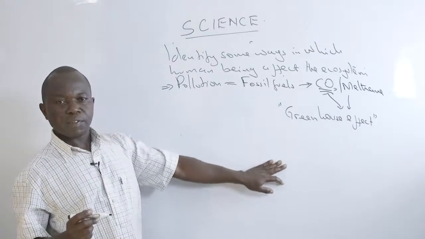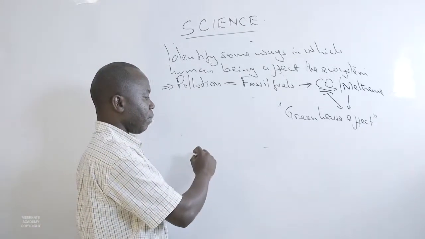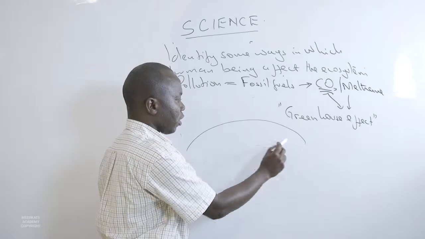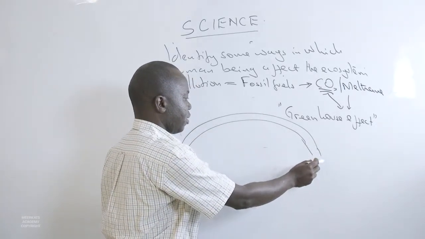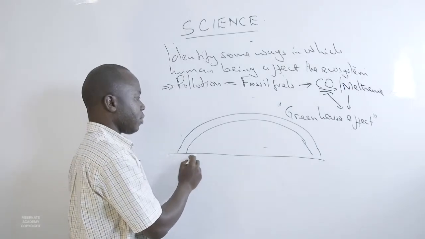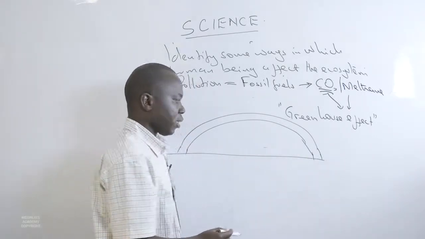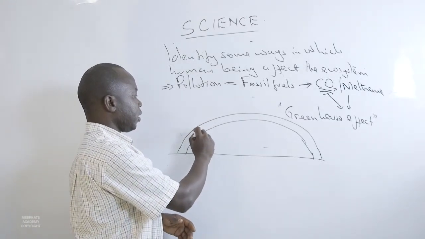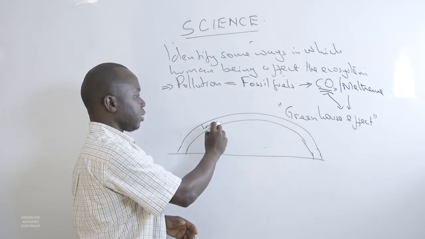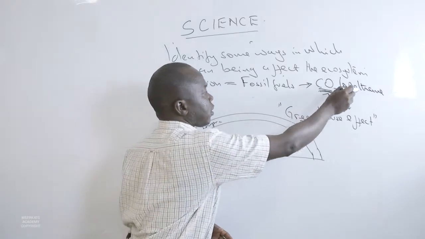Now, the greenhouse effect is where a blanket of gas, a layer of gas, is formed around or in the atmosphere, the troposphere. This is a layer of these gases.